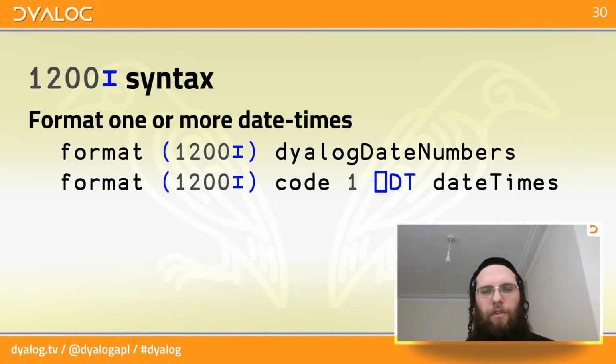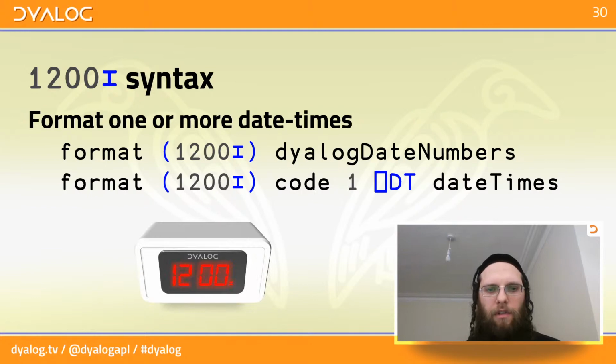So you have to convert to a Dyalog date number before you format. But other than that, it's really simple. Whatever type of date times you have, you do that code, and then a 1, that means convert to Dyalog date numbers, and then you're ready to feed it into 1200 I-beam. And the answer to why it's called 1200 I-beam is, of course, because that's what your alarm clock shows when you've had a power outage.